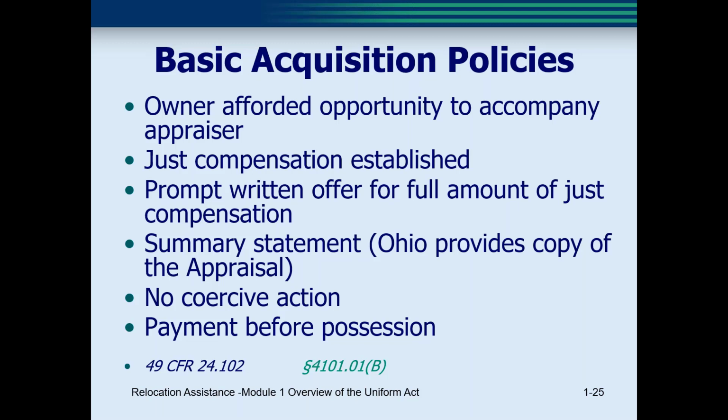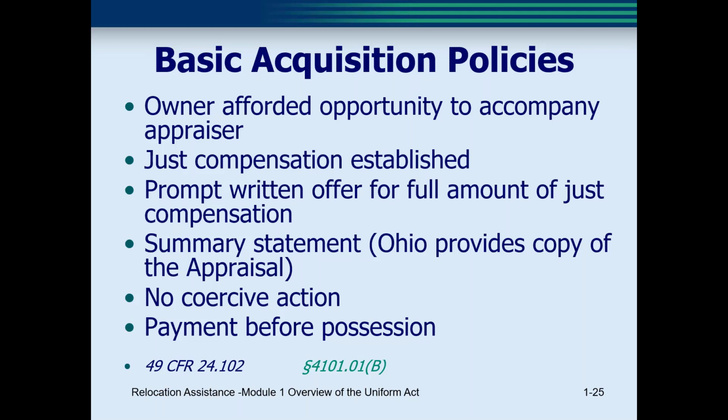If it is a partial acquisition, the amount of the compensation for the property acquired and any damages to the remainder must be stated separately. The negotiation should be conducted without any attempt to coerce the property owner into reaching an agreement.